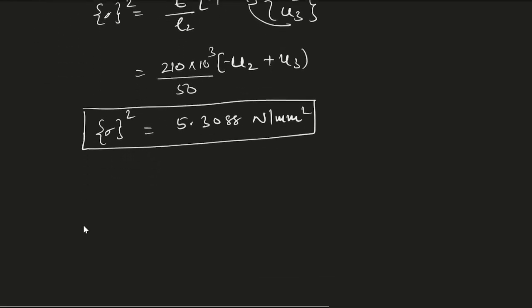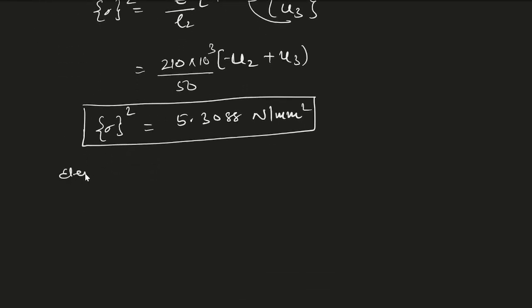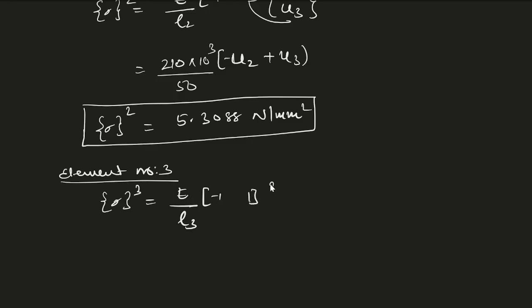Now for the third element, number 3, the stress equals E by L3 into minus 1, 1. The third element lies between nodes 3 and 4. So E is 210 into 10 power 3, L3 is 150, into minus U3 plus U4.